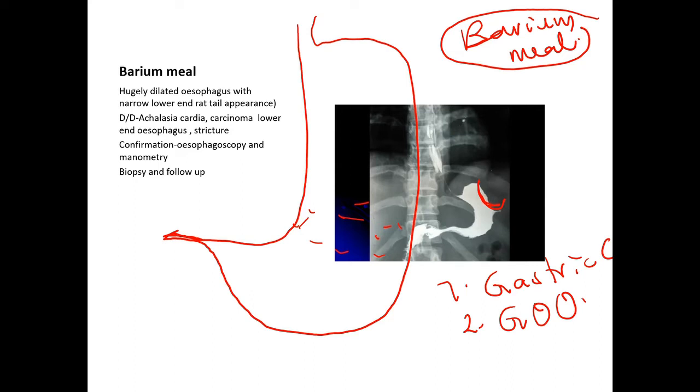What are the electrolyte changes in a patient with gastric outlet obstruction?